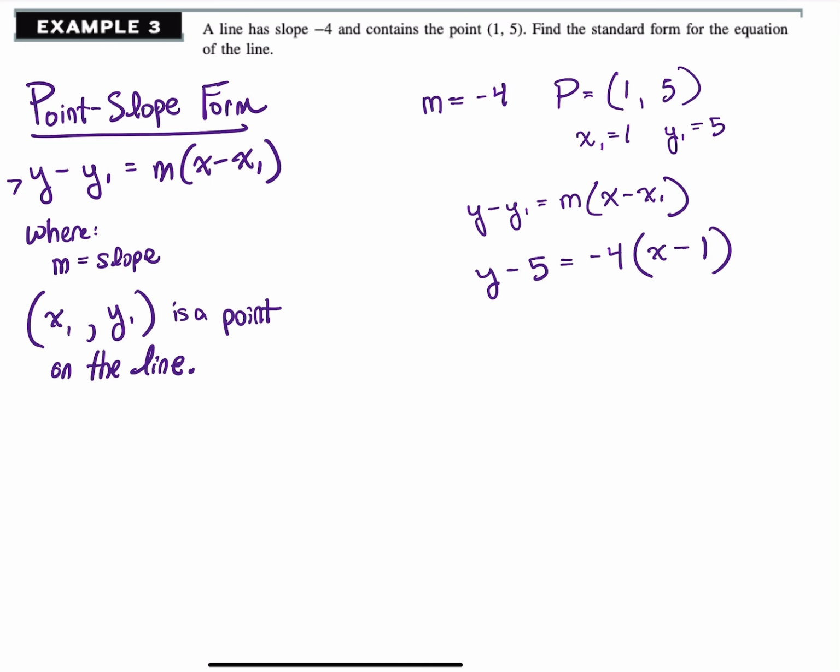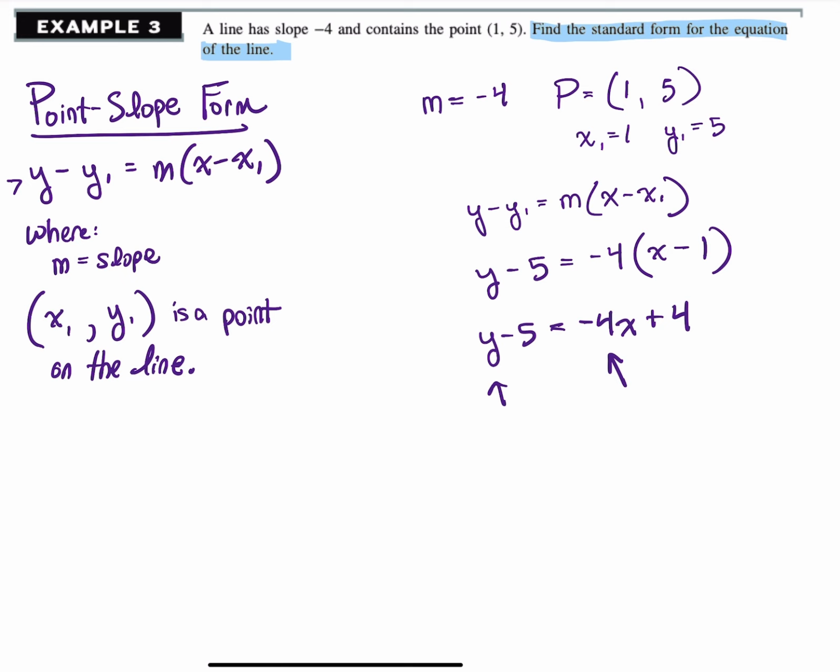Now this question wanted the final line expressed in standard form. So let's clean this up and get our x's and y's over to one side and everything else over to the other side. We'll start by distributing this -4 through to both terms. So y minus 5 will equal -4x, and then -4 times -1, we'll turn that into a +4. Now I have the y on the left side already.